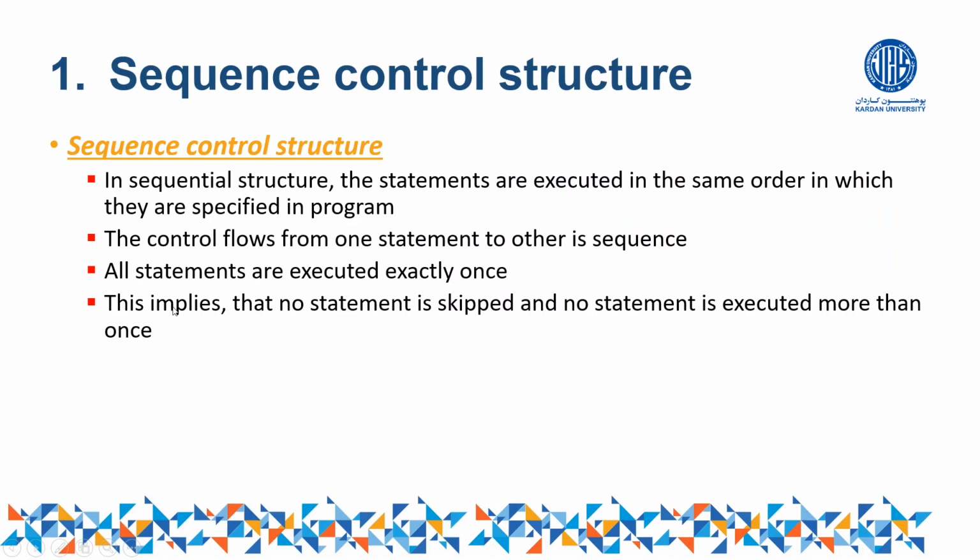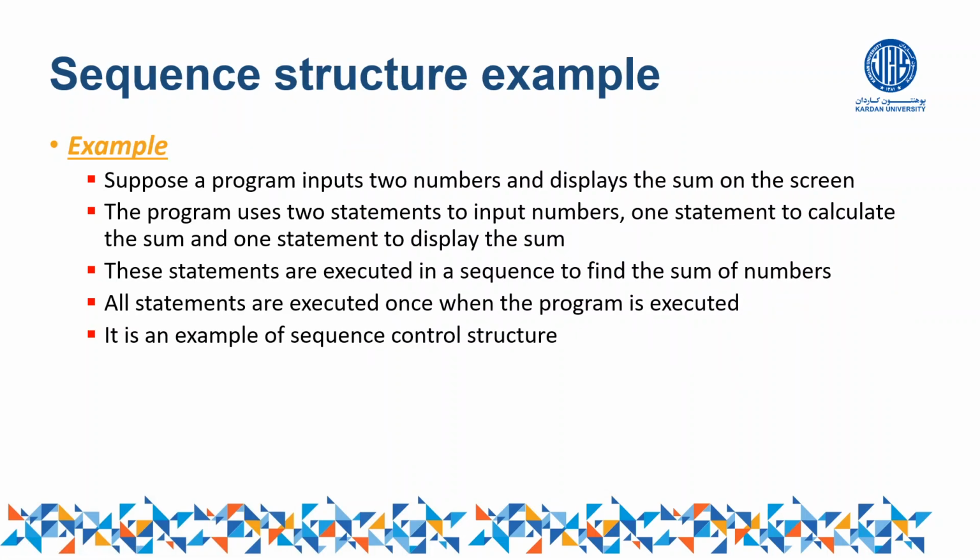This means that no statement is skipped and no statement is executed more than once. If you are writing a program using sequential control structure, no statement will be skipped or ignored, and no statement executed more than once.